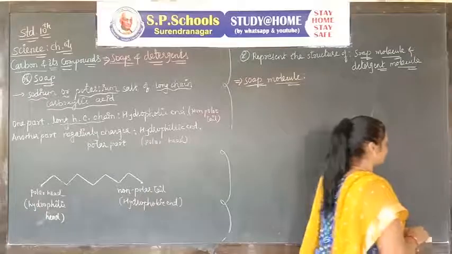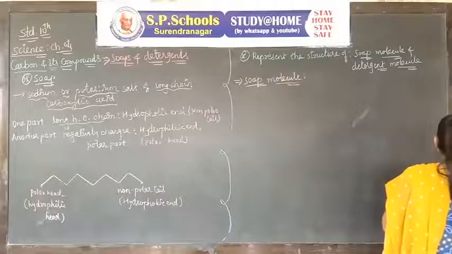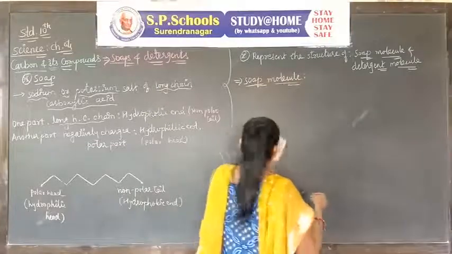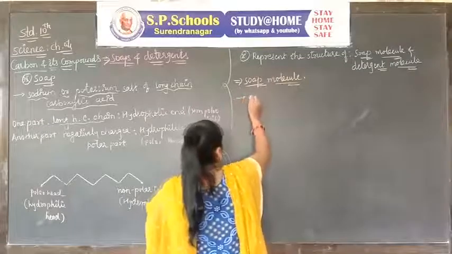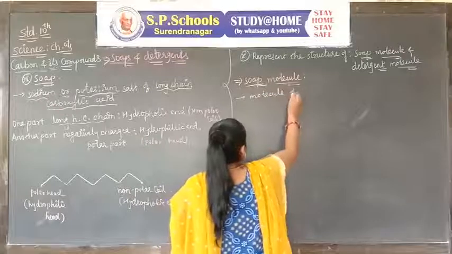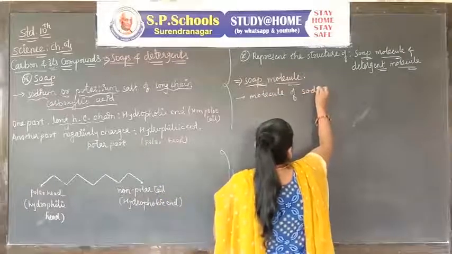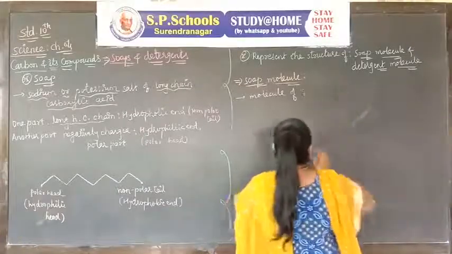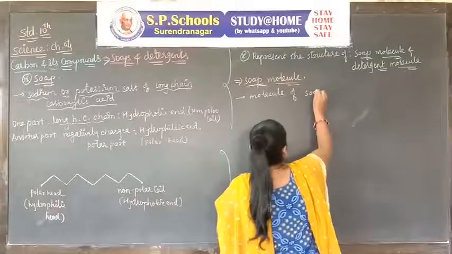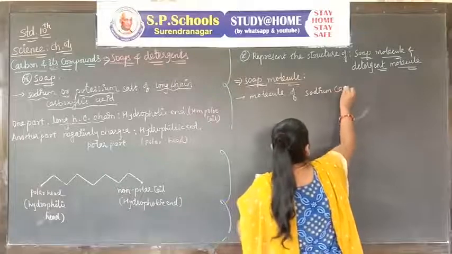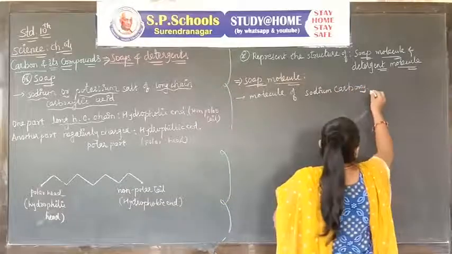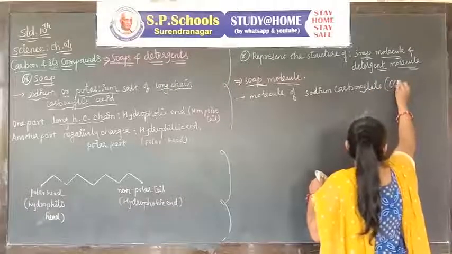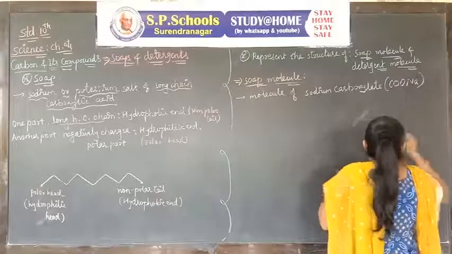In the structure of the soap molecule, sodium carboxylate is present. The formula is COONa.